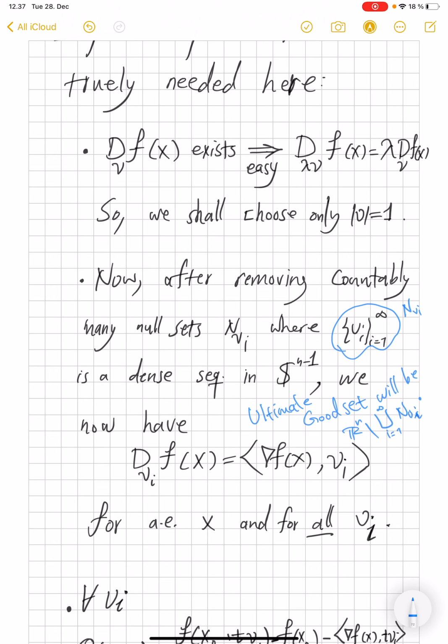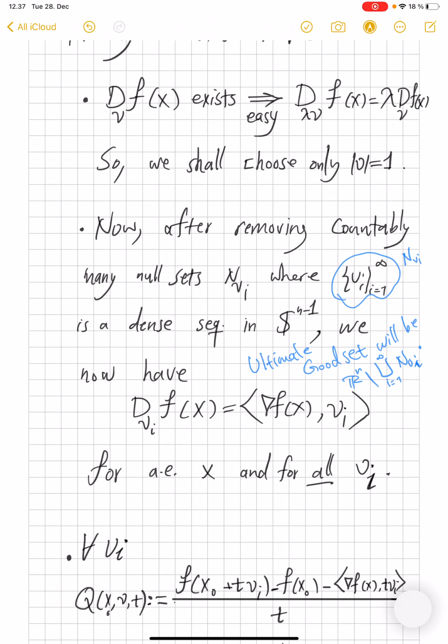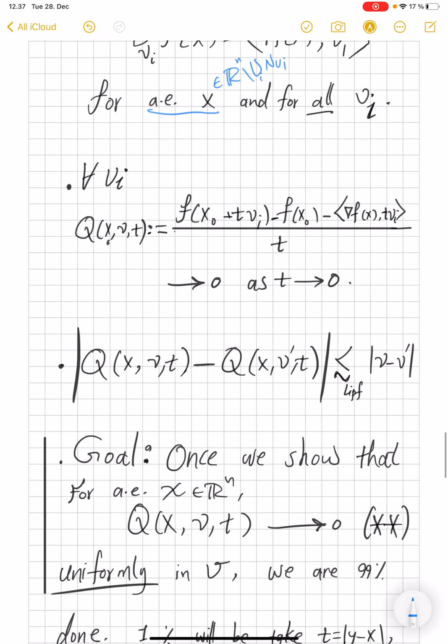That's still a null set that you remove from R^n, and all the rest that happened is true for x in R^n minus this union of N_vi. So that's the precise set on which I have differentiability, and that's almost everywhere.